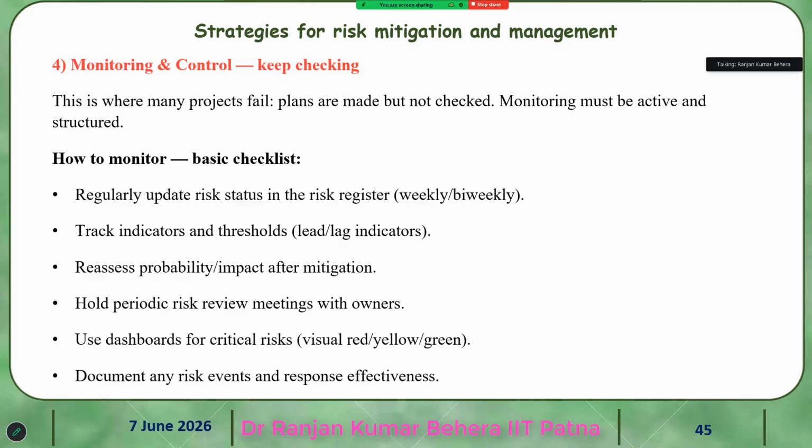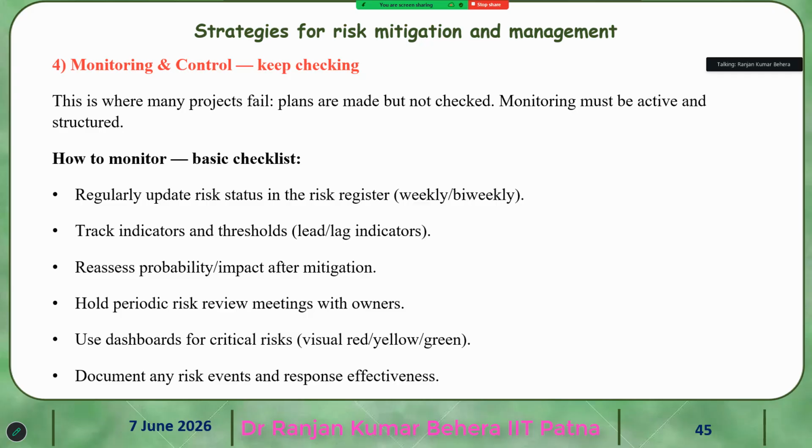And then track indicators and thresholds, like lead and lag indicators, you can track this. And reassess probability and impact after mitigation. When you have mitigated the risk, what will be the impact?